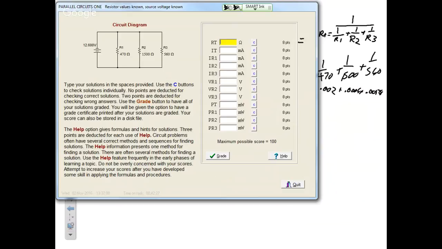We add all of these up. What do we get when we add all of these up and then take the reciprocal? What is RT? I got 218.33. Okay.